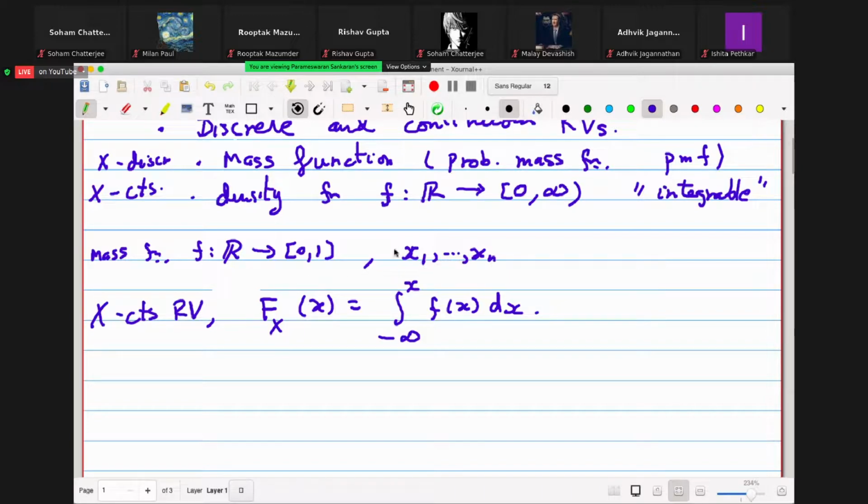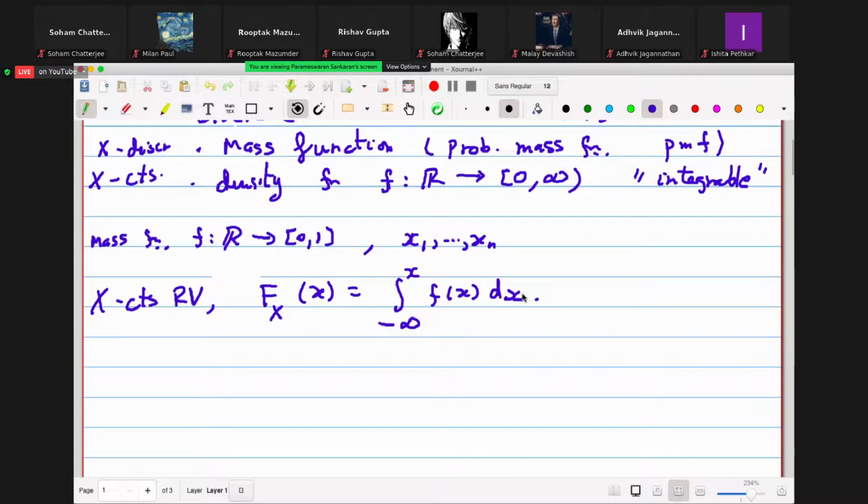You can extend it by 0 outside of this set. Even when you do that, if you apply this definition blindly to a mass function, you will always get the integral to be 0, because it is 0 outside a finite set of points, and therefore the integral from minus infinity to infinity of f dx is going to be 0. So these two are very different types of objects.